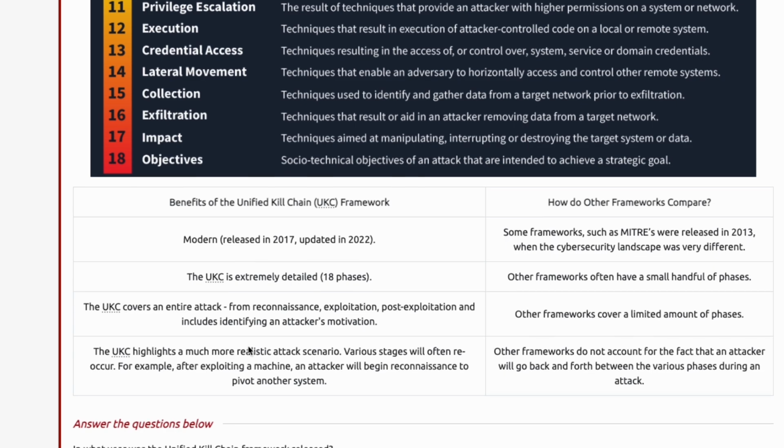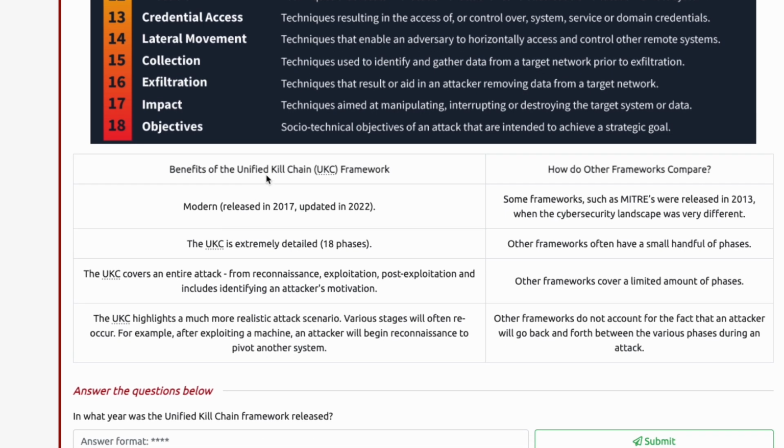It's pretty obvious, right? So the benefits of the UKC compared to other frameworks: this is more recent, it was in 2017, and there's an update that happened in 2022. MITRE ATT&CK was released in 2013, and the cyber kill chain was, I think, in 2011 from Lockheed Martin. The UKC is extremely detailed, as you can see.